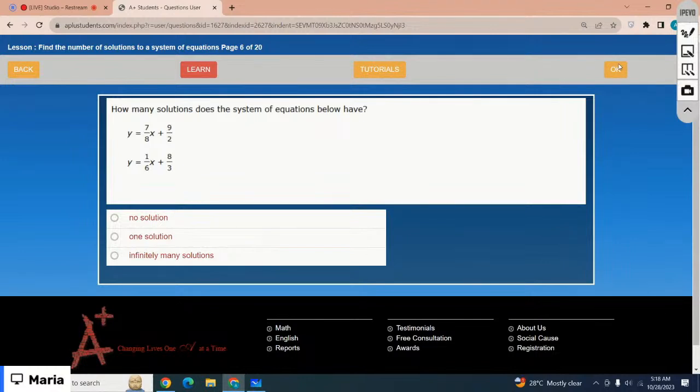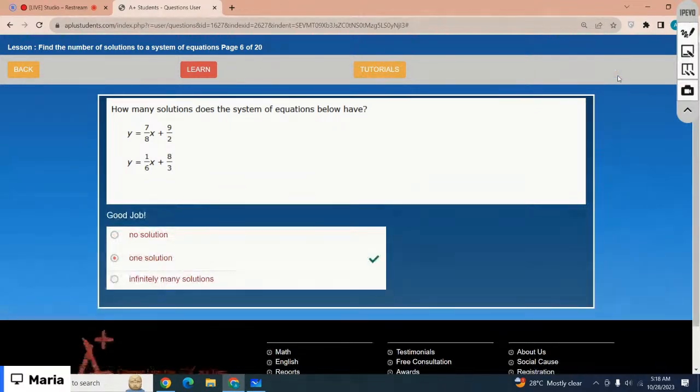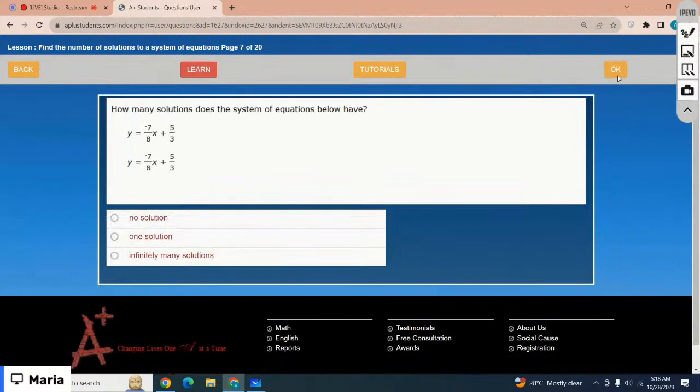Both the equations have different slope and different y-intercept. So which is the correct option? The system has one solution. Yes, if you have different slopes and different y-intercepts, the system has one solution. Got it?